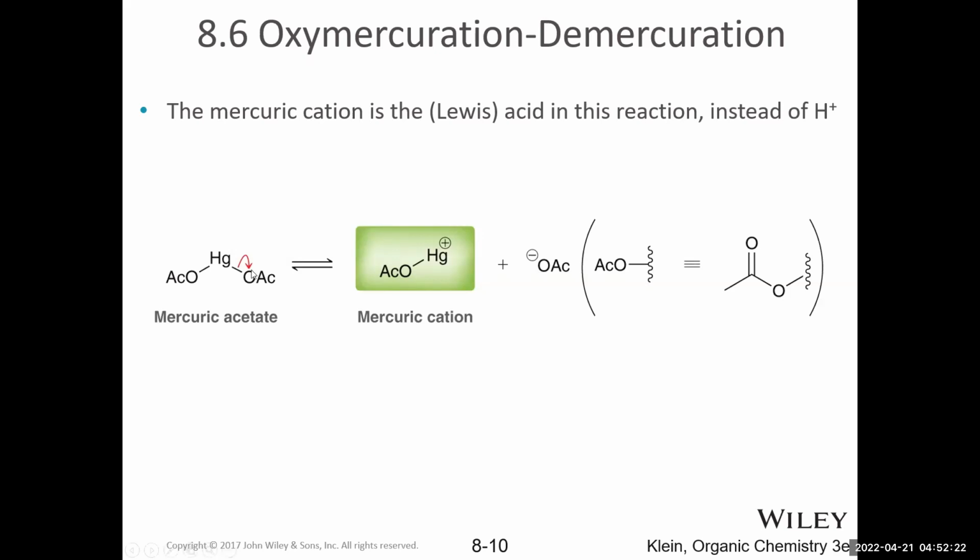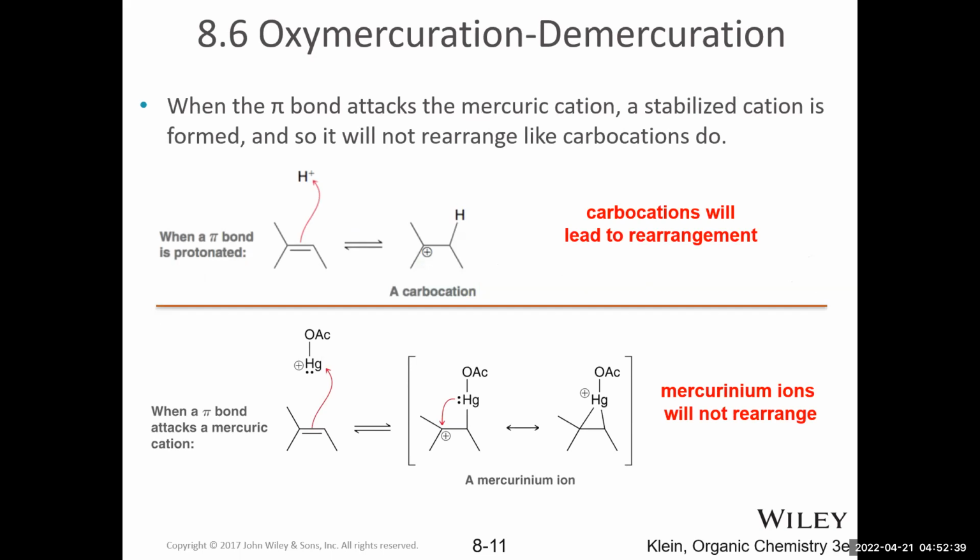So if we lose one of the acetates with loss of a leaving group, then we end up with this positively charged mercuric cation. Because it's positively charged, it's electrophilic, and so it can act as a Lewis acid, which can take the place of, again, a proton, which is a Bronsted-Lowry acid.